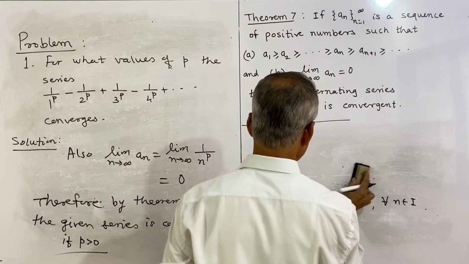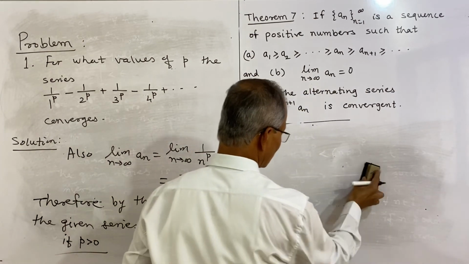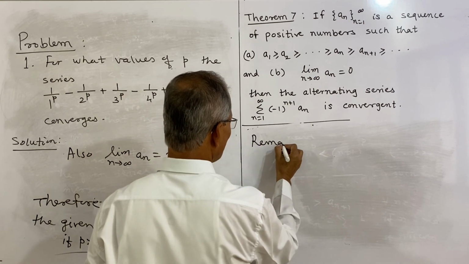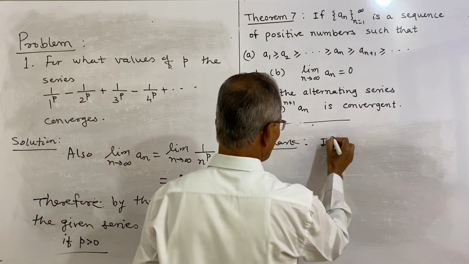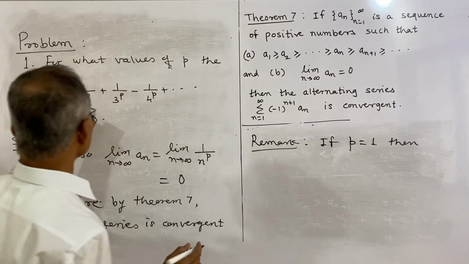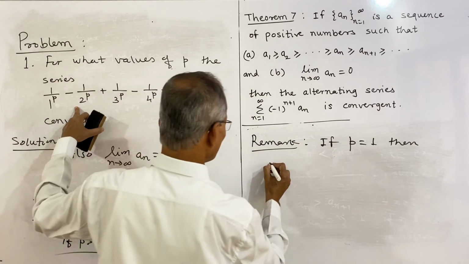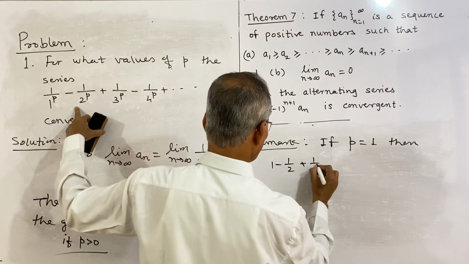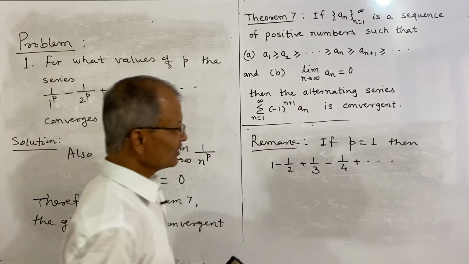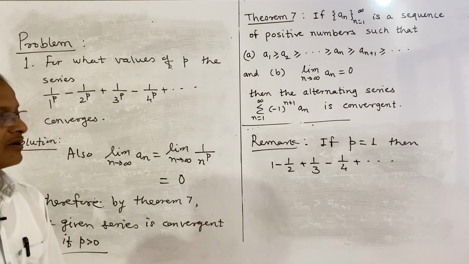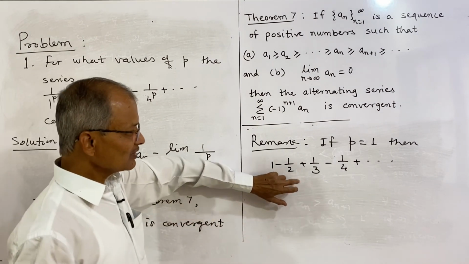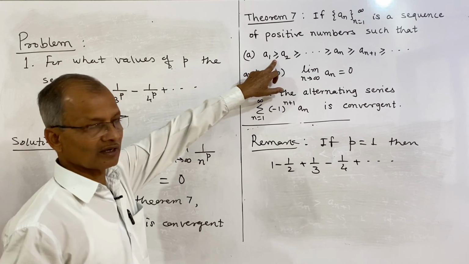Now what happens if P is 1 in general, or that can be considered as, if P is equal to 1, then what will be this series? 1 minus 1 by 2 plus 1 by 3 minus 1 by 4 plus etc. So in this case also the series is convergent, because P is 1 means P is greater than 0, and for this series you see these conditions are satisfied.